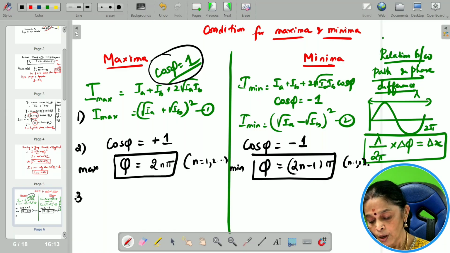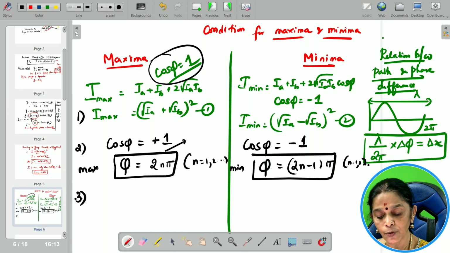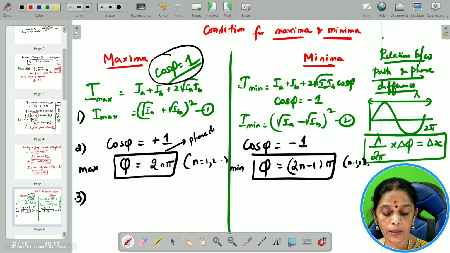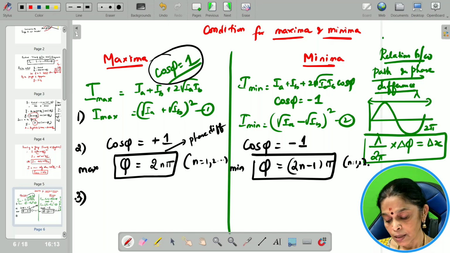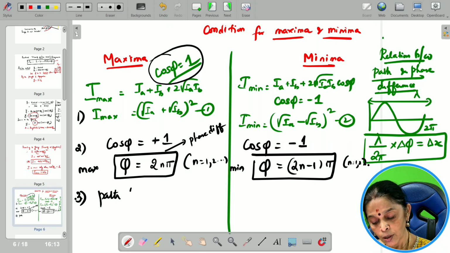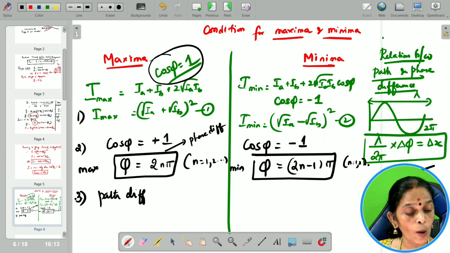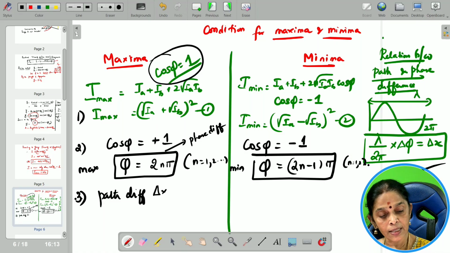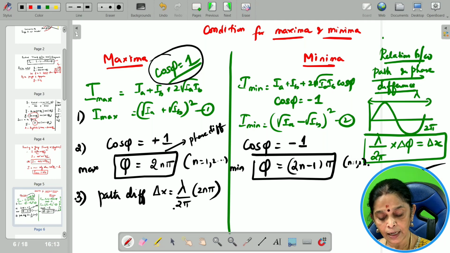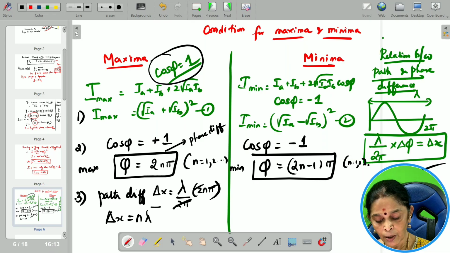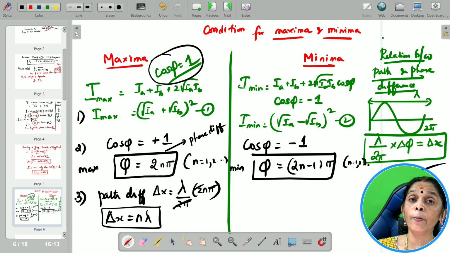So therefore, this is called phase difference. Now I'm going to find out the path difference. Use this formula: path difference delta x is equal to lambda by 2 pi into delta phi. So 2n pi, pi gets cancelled, 2 gets cancelled. Therefore delta x is equal to n lambda. So this is the condition for maxima.